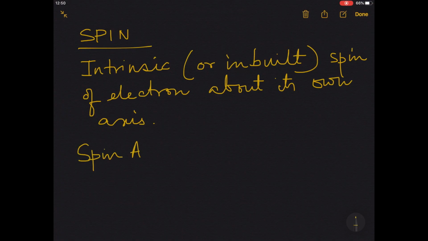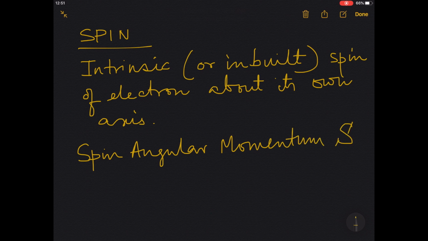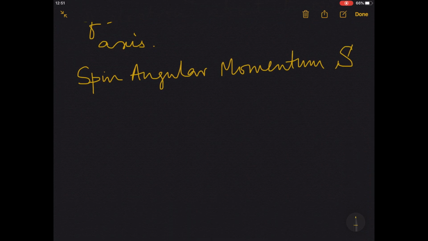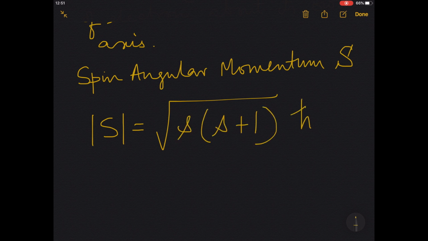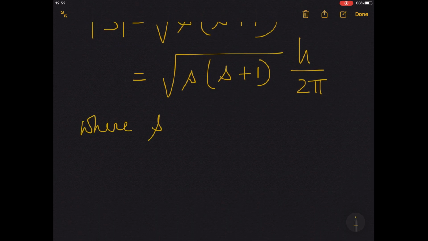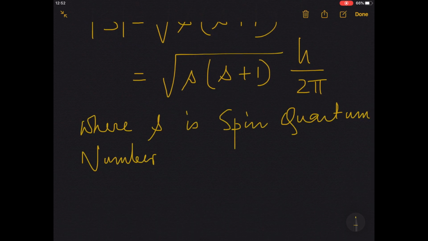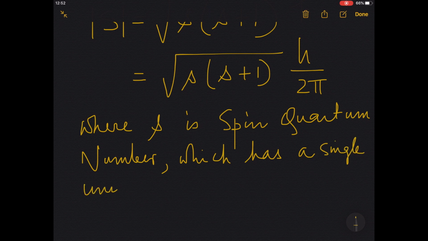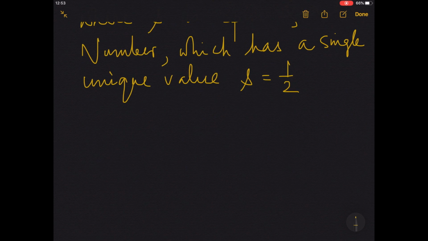Similar to orbital angular momentum capital L, spin angular momentum capital S is developed in the electron due to its spin motion. The magnitude of capital S is mod of capital S and is described as mod of capital S equal to square root of small s into small s plus 1 into reduced Planck's constant, where small s represents the spin quantum number and has a single unchangeable value, small s equals 1 by 2.